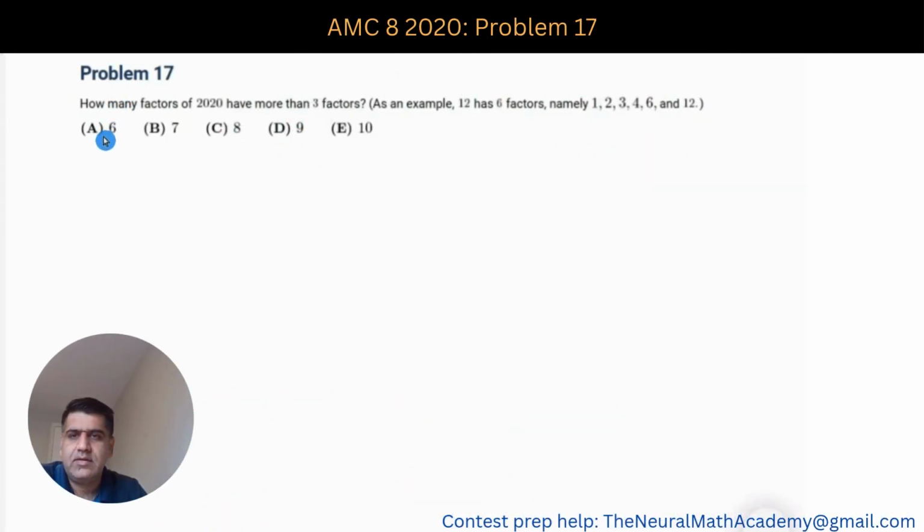Problem 17, where we are asked to find the factors of 2020 that have more than 3 factors. And an example is given here. So first we need to find the prime factors of 2020.